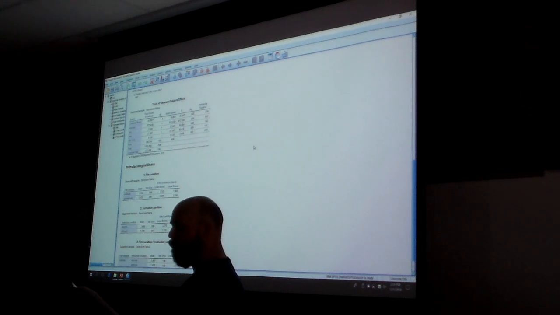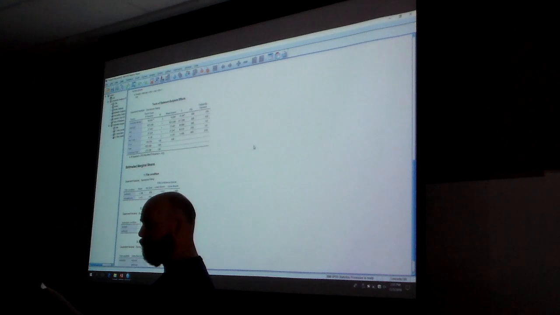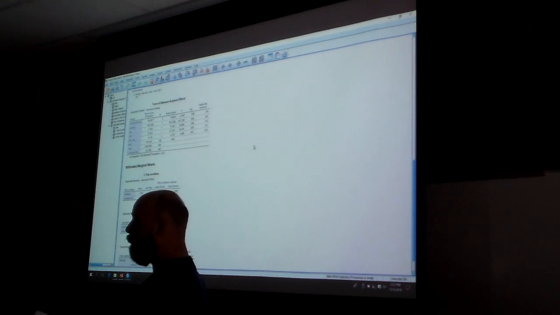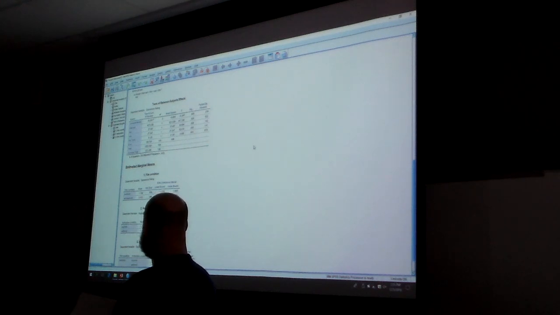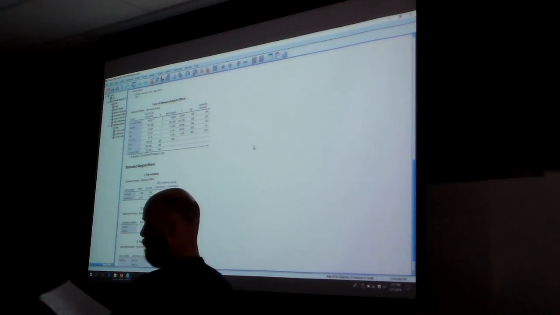Layla, interpret for me my main effect of film. What's going on in my main effect of film? Looking at the estimated marginal means, or still staying? Don't ignore the marginal means right now. Marginal means are fine, you look at marginal means, I would go through and look at the actual observed.